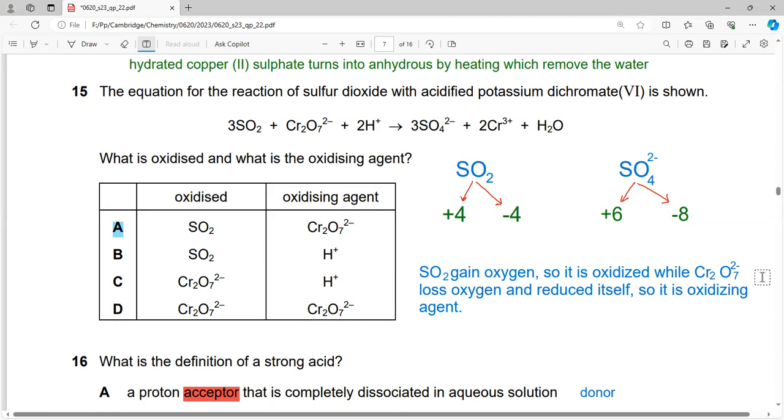The dichromate is oxidizing the sulfur dioxide by adding oxygen to it, so the dichromate is an oxidizing agent. Sorry, the sulfur dioxide is oxidized, and the dichromate is reduced itself and works as an oxidizing agent for sulfur dioxide. So here the correct option is A.